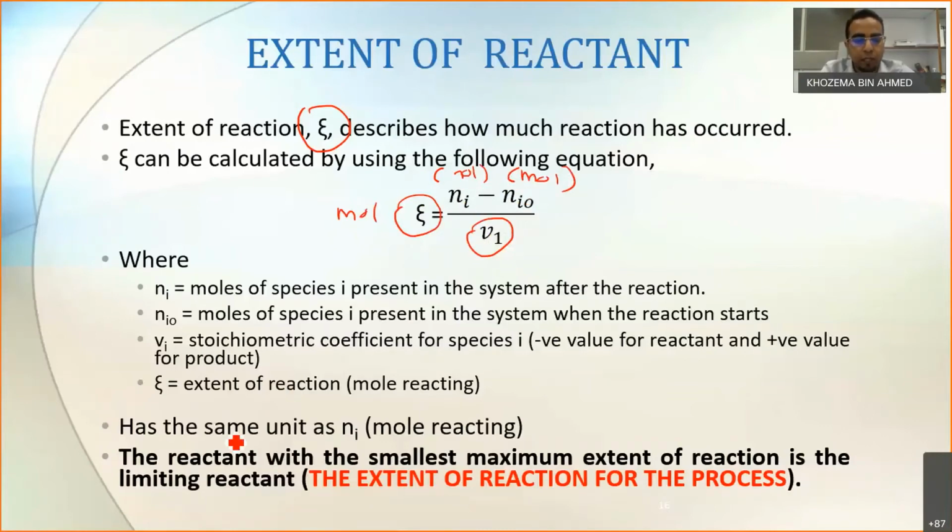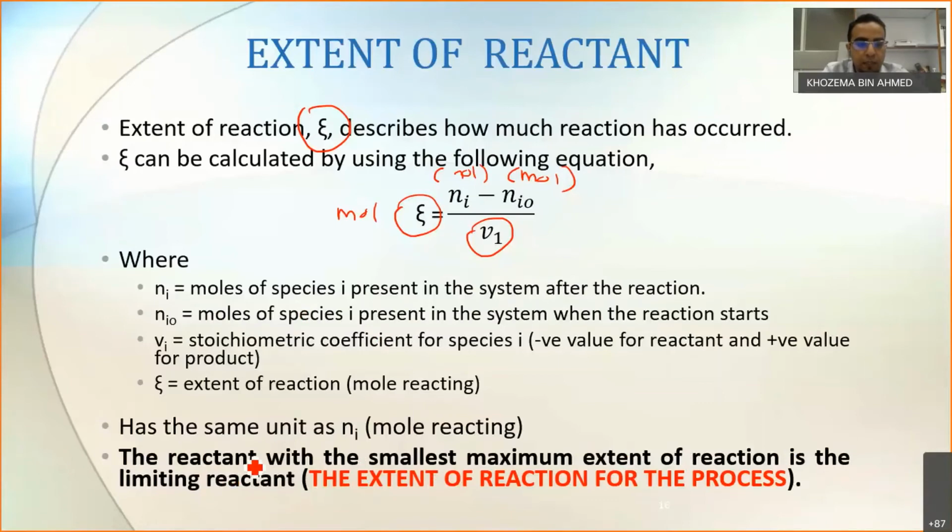And then again here, the reactant with the smallest maximum extent of reaction is the limiting reactant. The extent of reaction for the process or reaction. If you don't want to use your stoichiometric coefficient and stoichiometric ratio to decide which one is your limiting reactant, you can always use this extent of reaction to determine your limiting reactant.